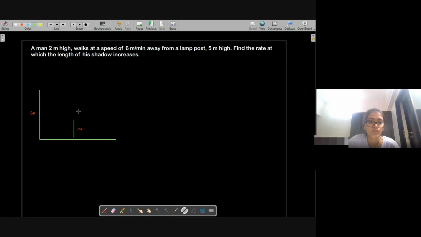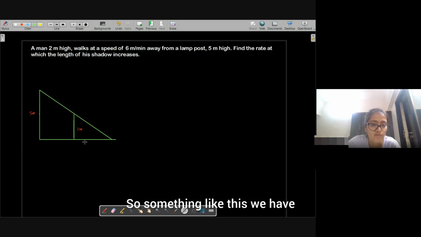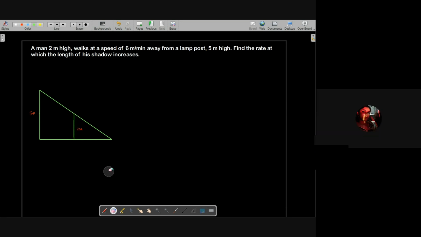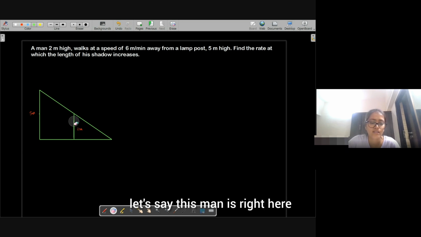If he's standing here, his shadow will form here, in the opposite direction. So something like this we have. At any given point, let's say this man is right here, and this is the shadow.